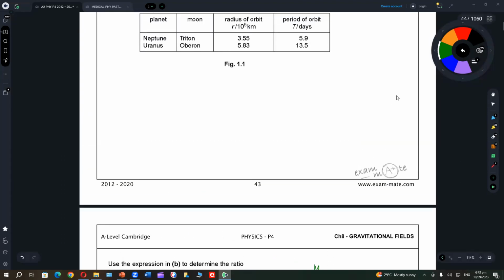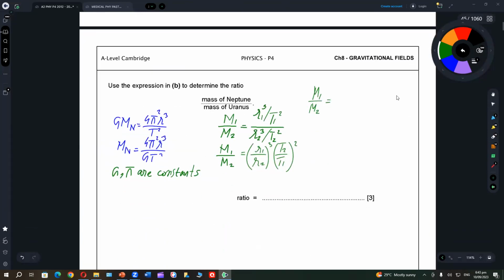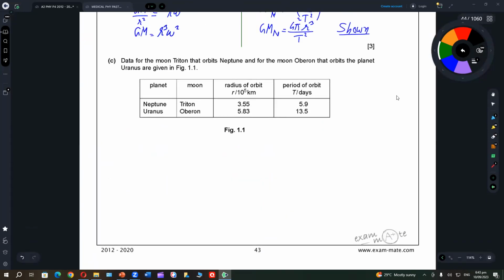So r1 upon r2, Neptune upon Uranus. 10 power 5 is coming for both of them, so they will be cancelled. 3.55 upon 5.83.